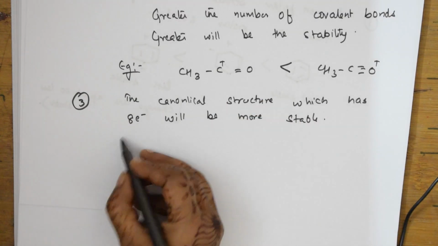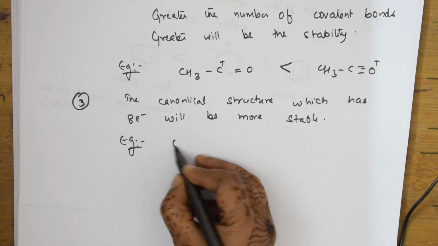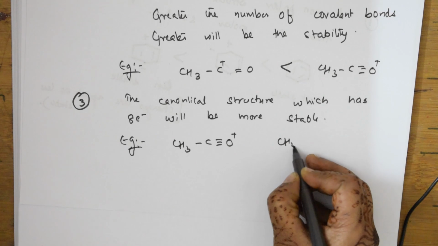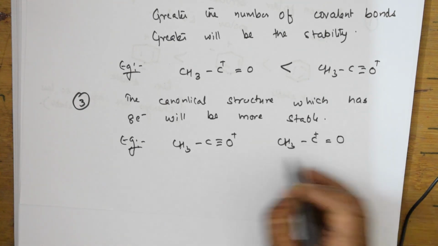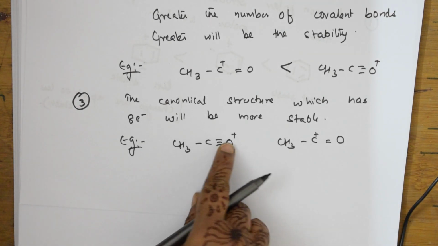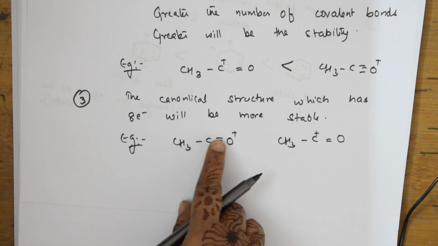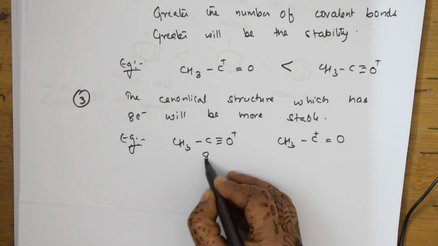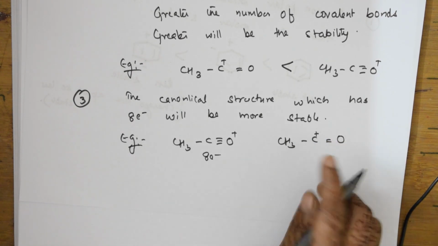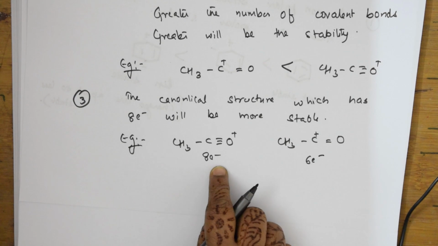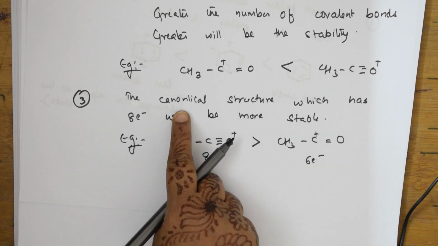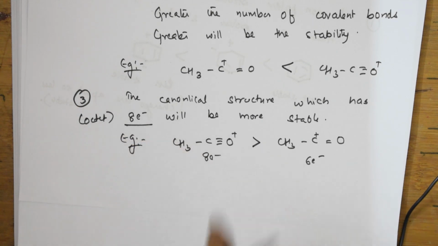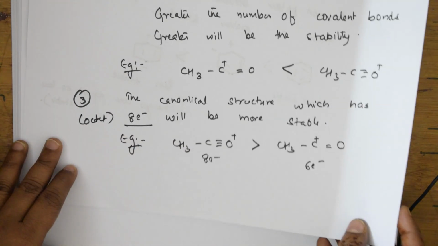Suppose I take an example like this. Now count the number of electrons here. Here 1, 2, 3, 4, 5, 6, 7, 8. Total are how many? 8 electrons. Here 1, 2, 3, 4, 5, 6. Here 6 electrons. So which is more stable? Whichever has 8 or octet configuration, that is more stable, I said. Let us take one more example and see.